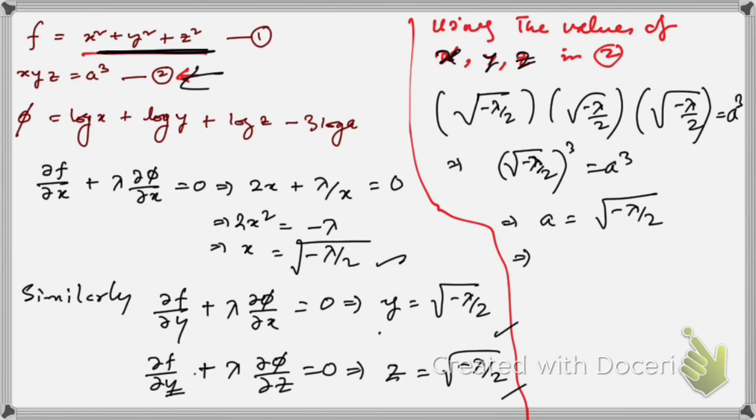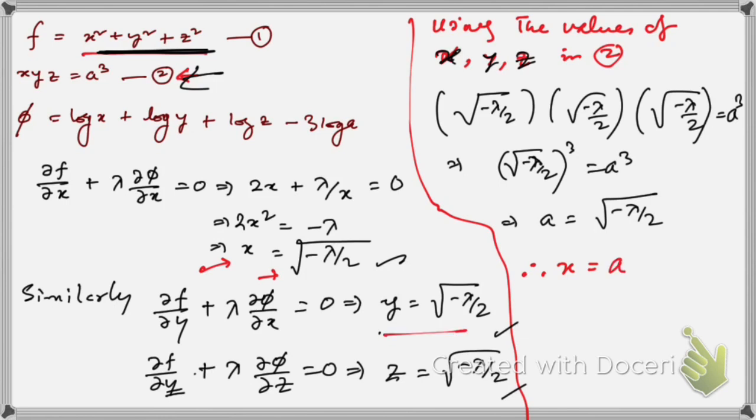So instead of squaring both sides, here you can notice one thing. We have x is equal to root over minus lambda by 2, right? So the value of x will be equal to a. Similarly, y also has the same value, and z also has the same value.